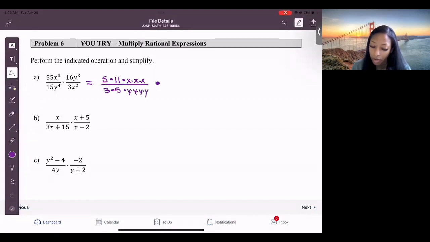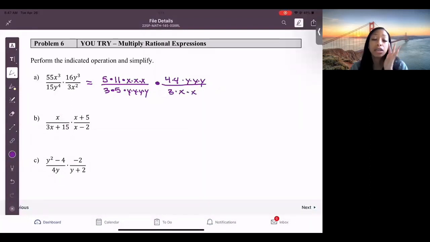All right, then 16y cubed, 16 is 4 times 4, or you can write it as 2 times 2 times 2 times 2, whichever one you want. 4 times 4 times y times y times y, and then 3x squared is 3 times x times x.